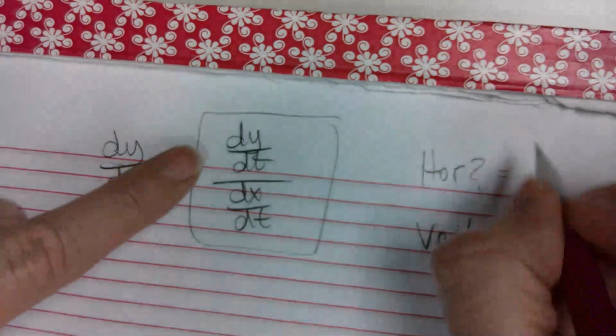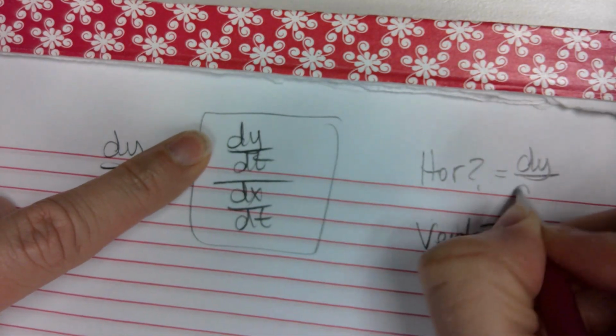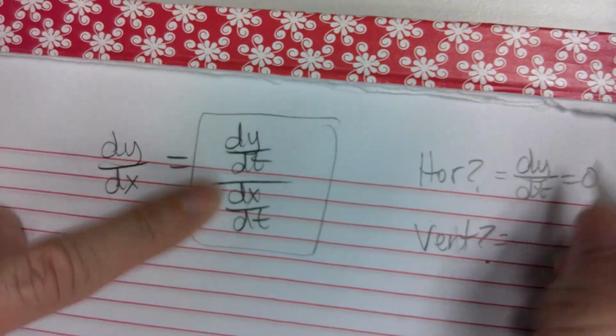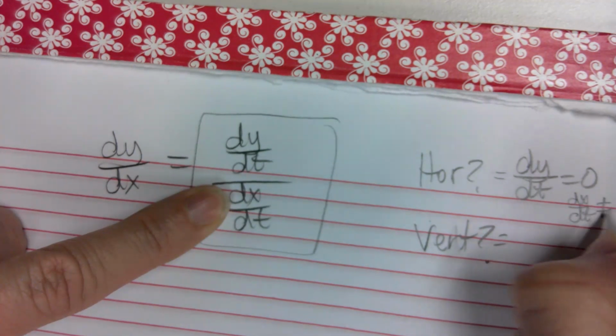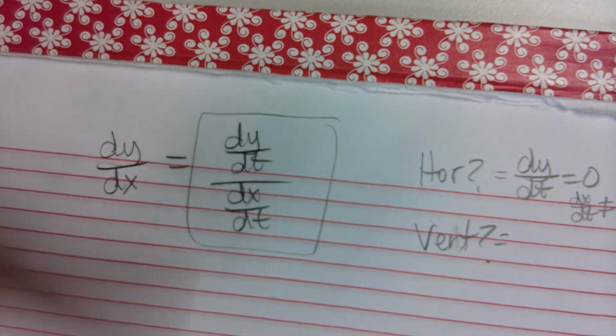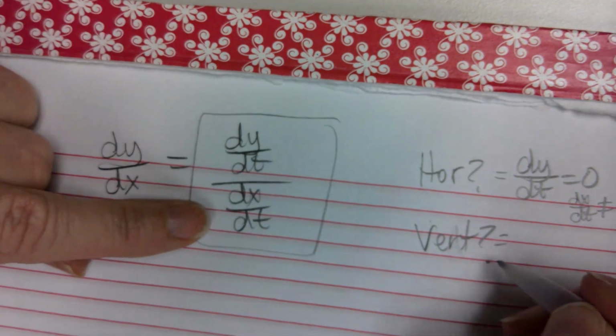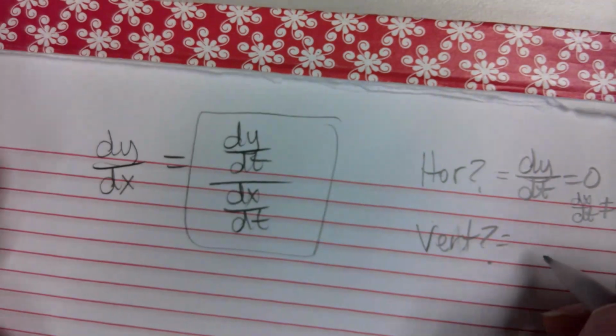What makes this 0? The top. dy/dt equals 0, while dx/dt is not 0, correct? Because 0 over 0 might not be horizontal. What would make a vertical tangent?